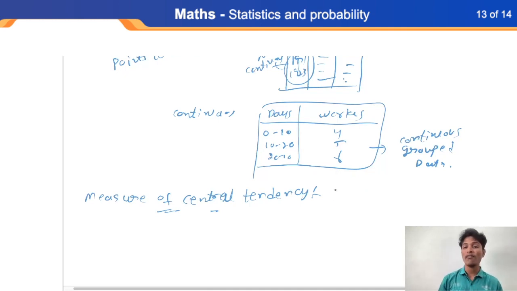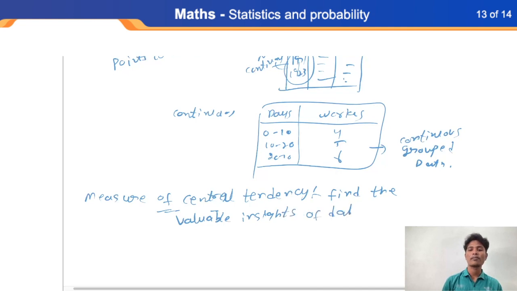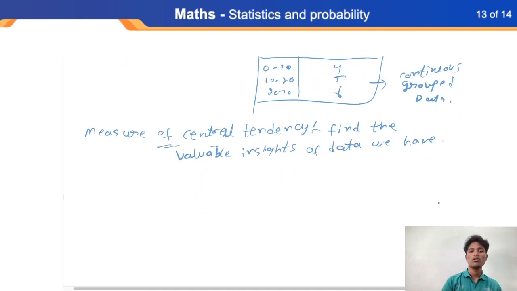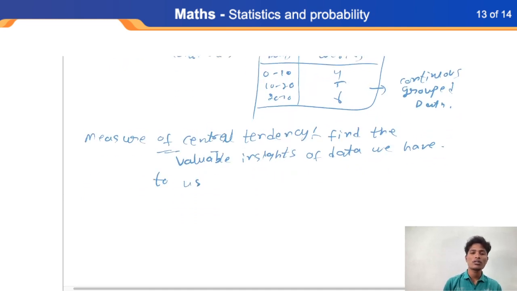But in order to find the valuable insights of data, we have to use three types of central tendency measures.